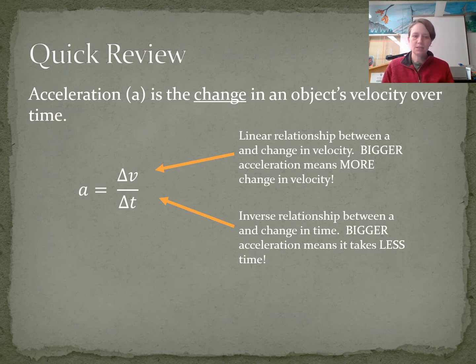And because the delta T is on the bottom of the equation, there is an inverse relationship between A and delta T, because a bigger acceleration means that it didn't take the object as much time to change velocity by the same amount.